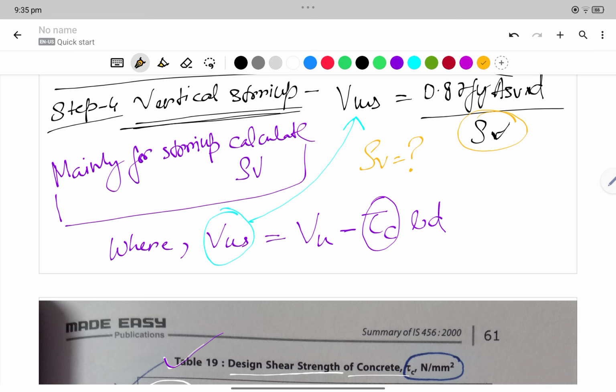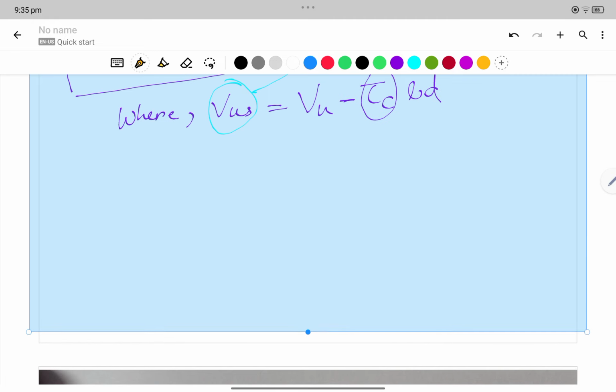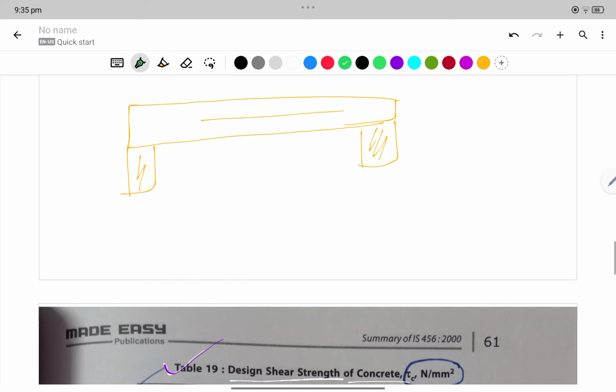Mainly what is done: if we take a simply supported beam supported by columns, the shear force diagram will be like this.